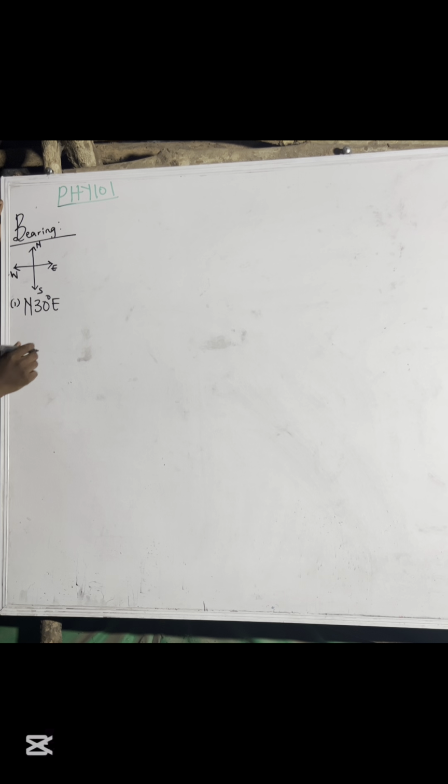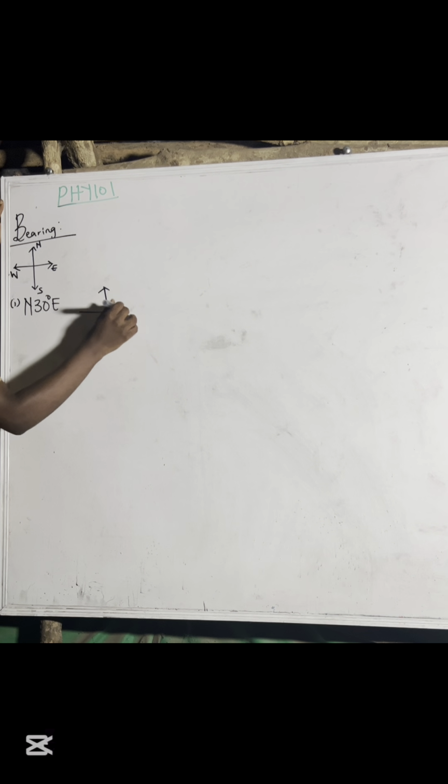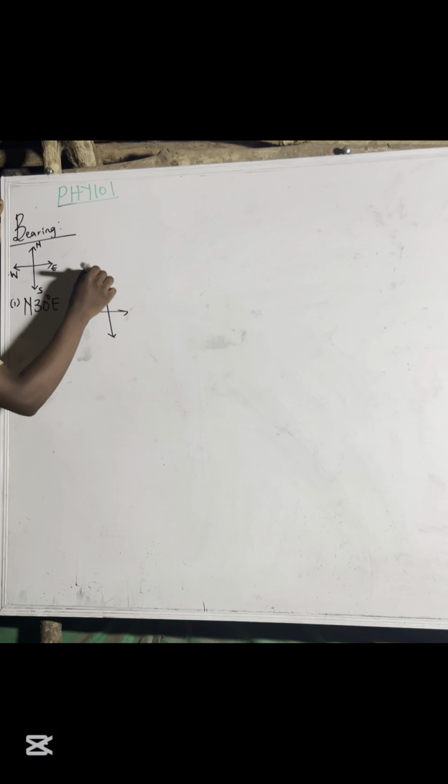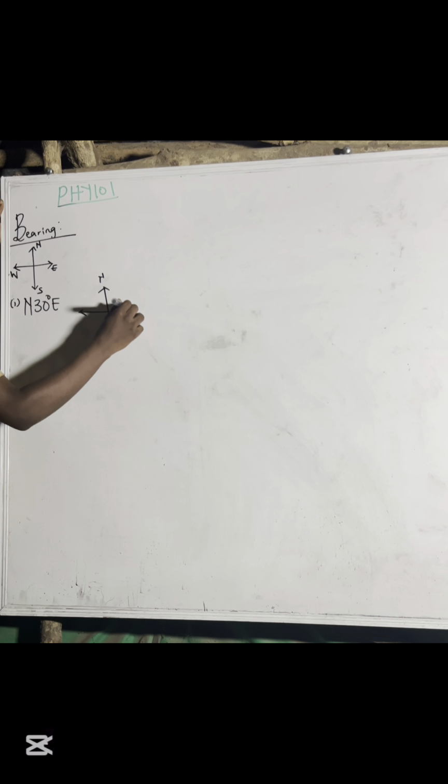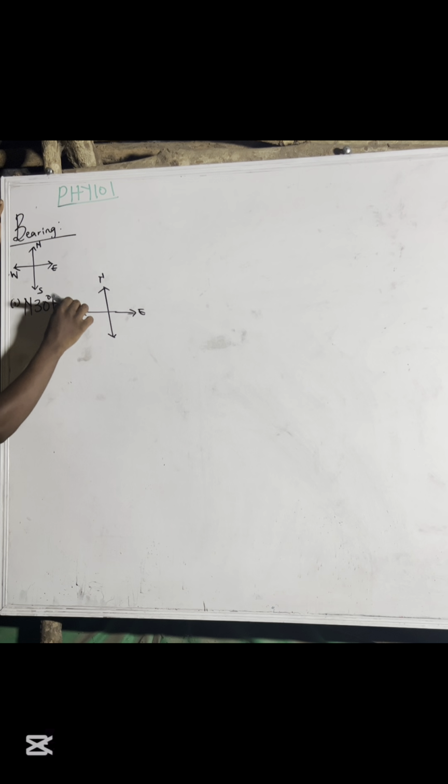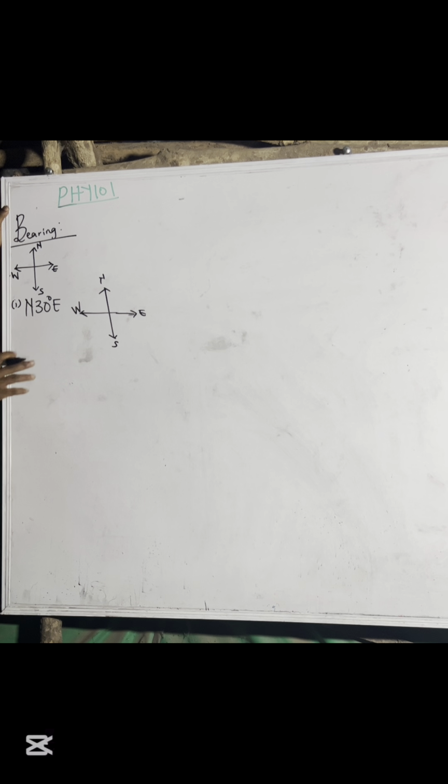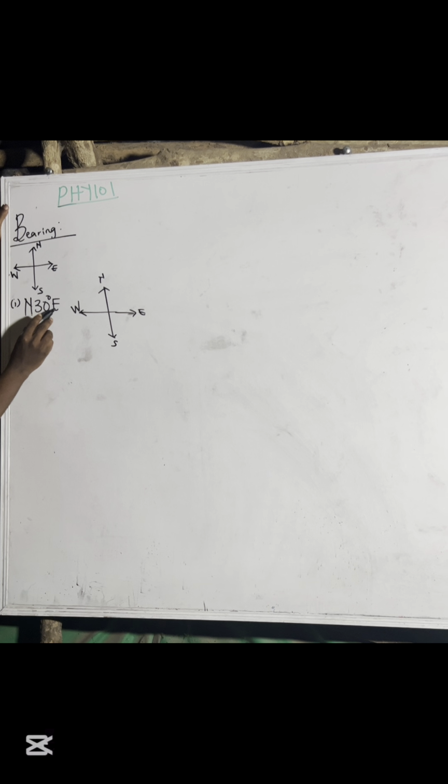You are going to draw this, indicating the north, east, west, south. Firstly guys, the angle is 30 degrees. It is formed between north and east.